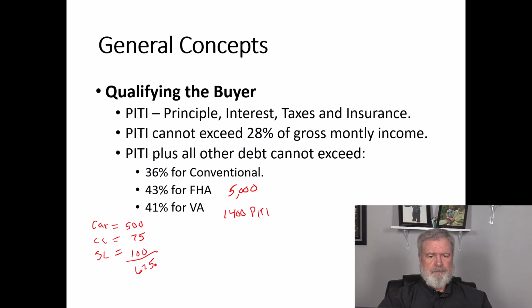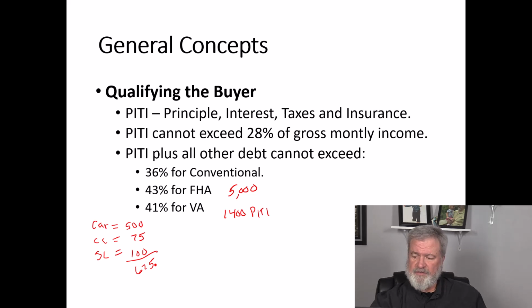So anyway, let's take a look. How's that going to work? Well, if you get a conventional loan, it says your PITI payment plus all other debt cannot exceed 36%. Well, what is 36% of this?